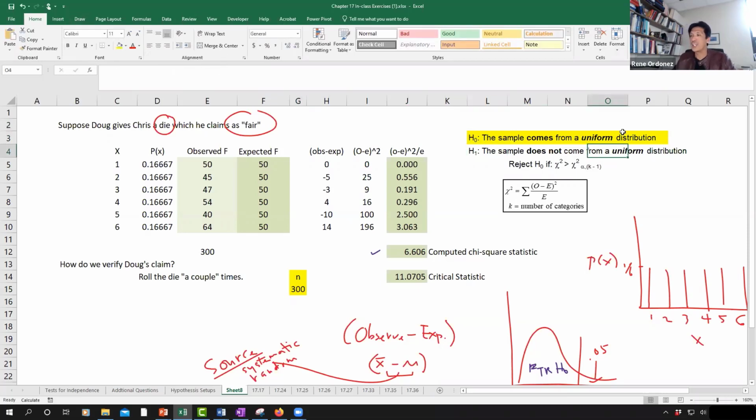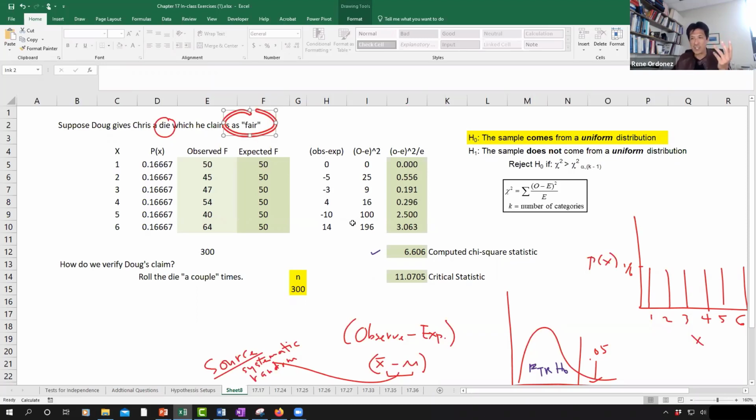Okay, translation. The die that Doug gave Chris appears to be fair. We don't have any evidence to say otherwise.